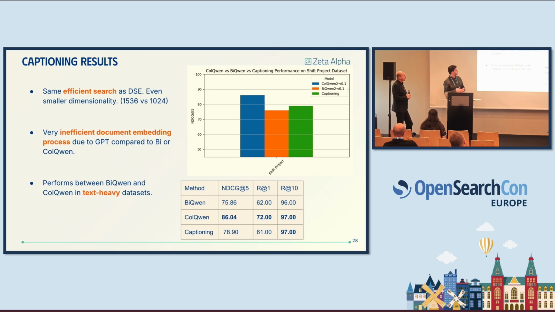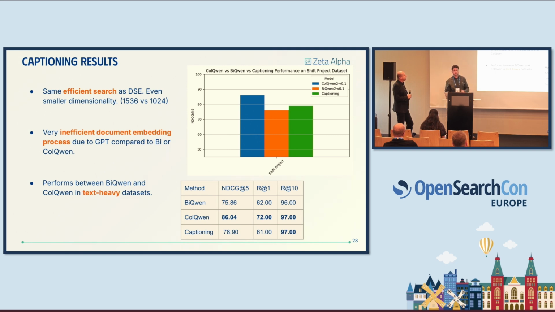Another downside is it's quite inefficient with embedding the documents, because right now we are using GPT-4o Mini instead of just Bi or ColGen, which is a 3 billion parameter or 7 billion parameter model. So this is an intermediate approach that you can use.